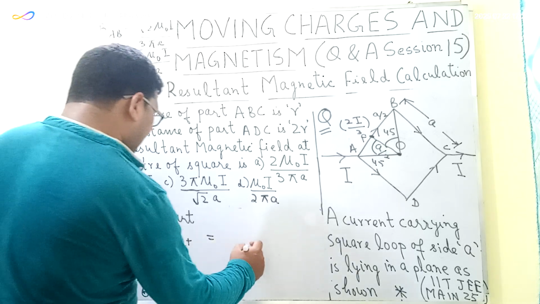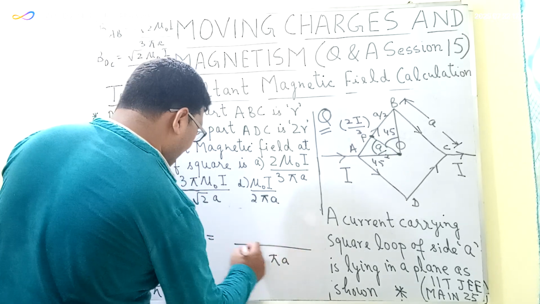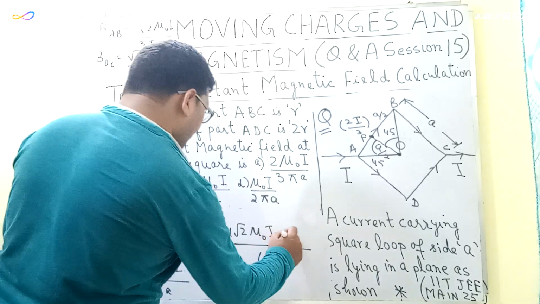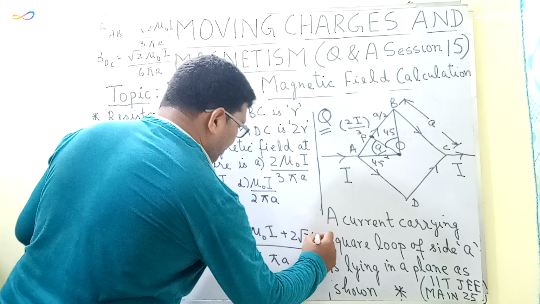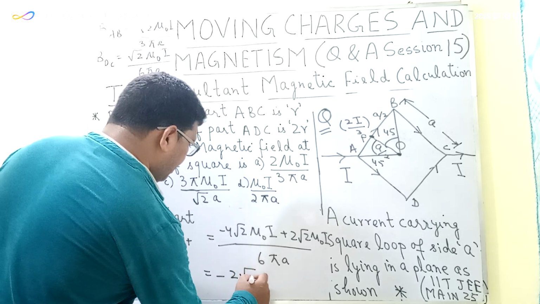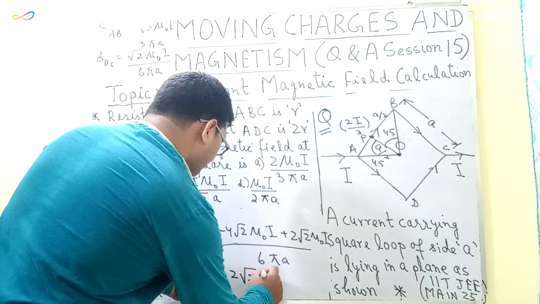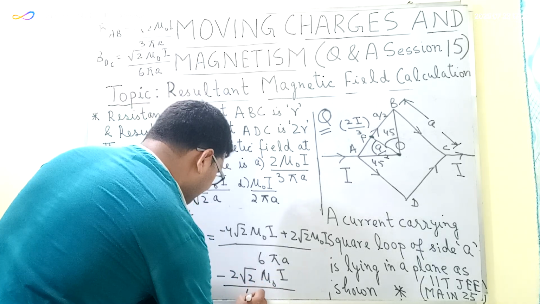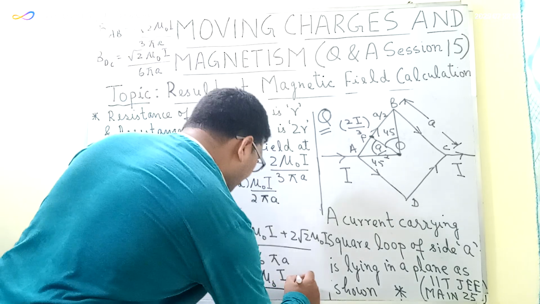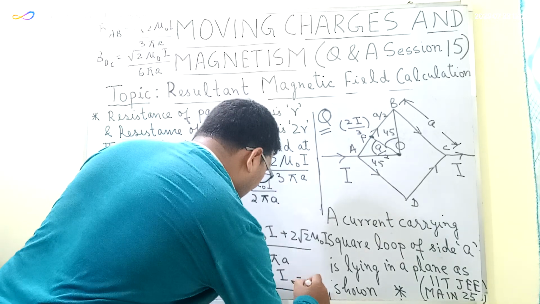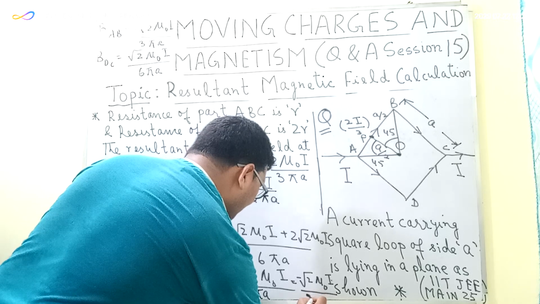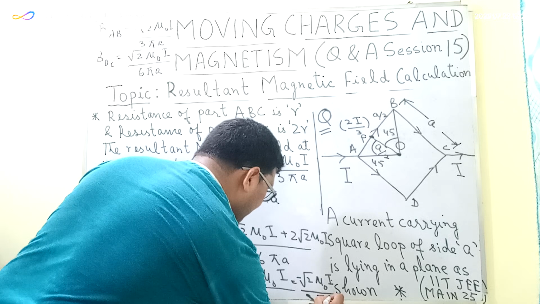If I take the LCM, this will be equal to 6 pi a in the denominator, and minus 4 root 2 mu naught I plus 2 root 2 mu naught I. So this will be equal to minus 2 root 2 mu naught I upon 6 pi a, and this can be further written as minus root 2 mu naught I divided by 3 pi a.